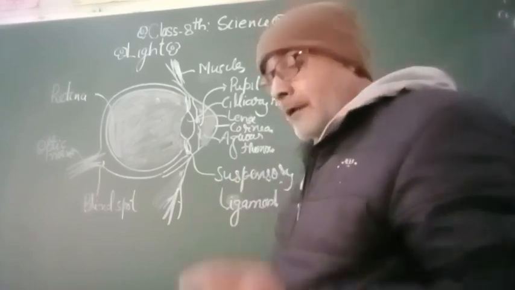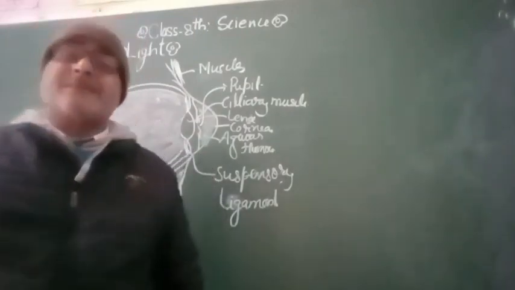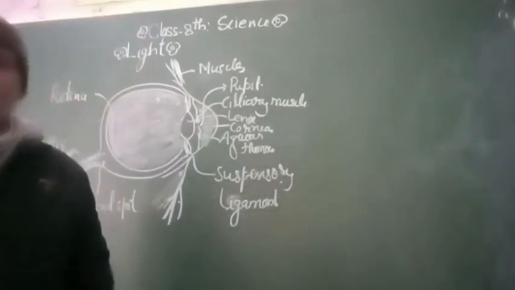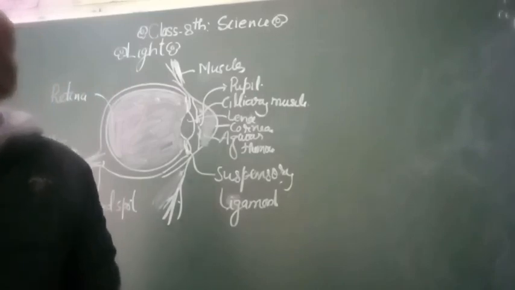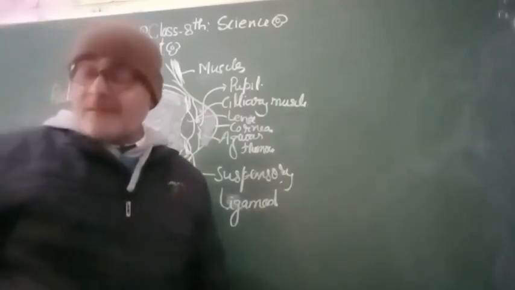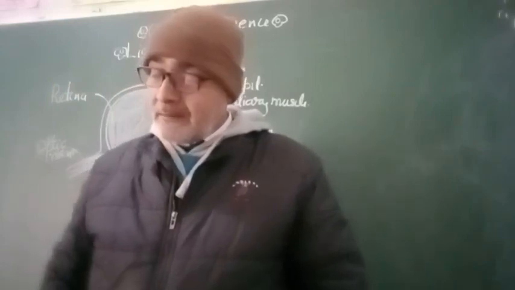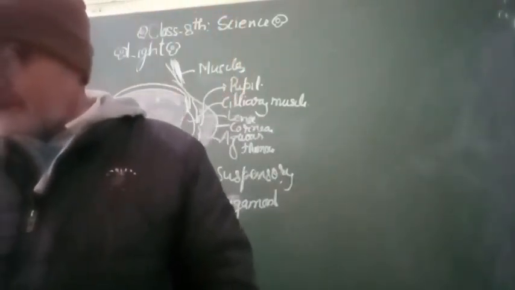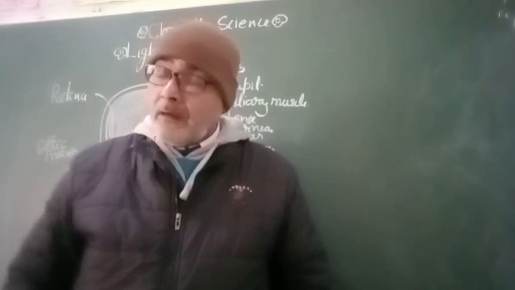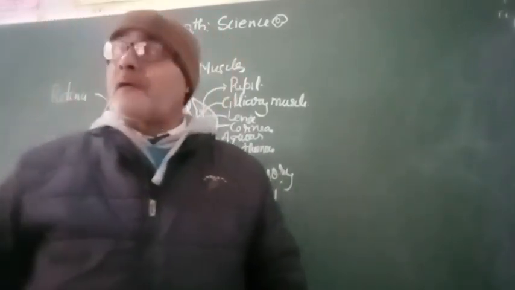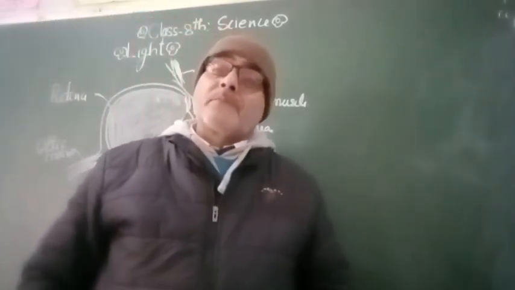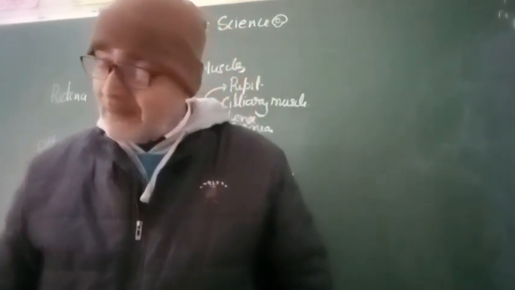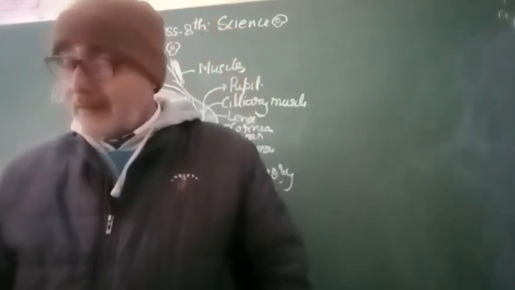Now, dear students, the main thing related to this lens is the crystalline lens. The main thing related to the human eye is the persistence of vision. What is the persistence of vision? The persistence of vision can be explained as the characteristic of the human eye to retain the image on the retina for only 1/16 of a second.